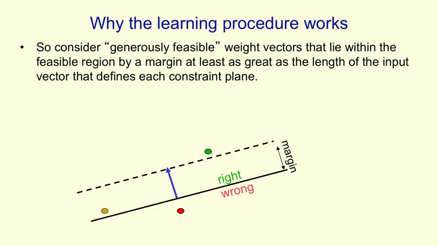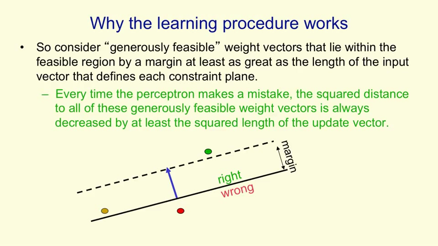So we take the cone of feasible solutions, and inside that we have another cone of generously feasible solutions, which get everything right by at least the size of the input vector. And now our proof will work. Now we can make the claim that every time the perceptron makes a mistake, the squared distance to all of the generously feasible weight vectors will be decreased by at least the squared length of the input vector, which is the update we make.